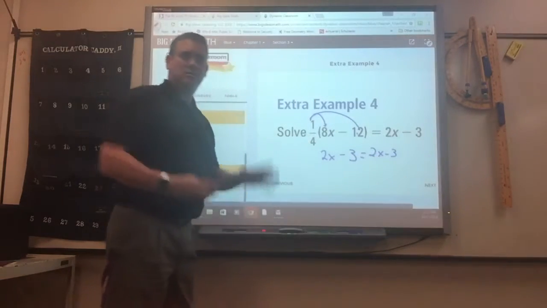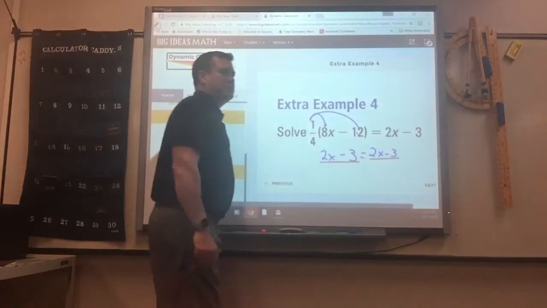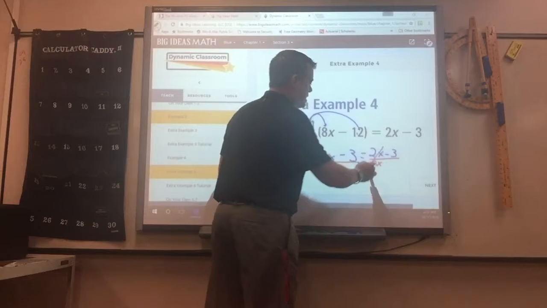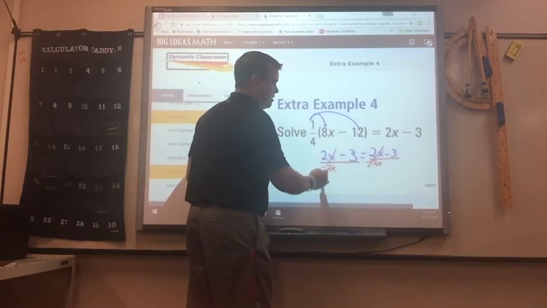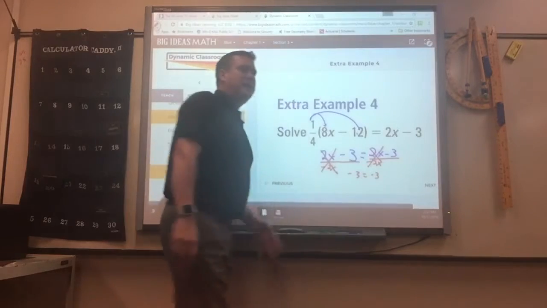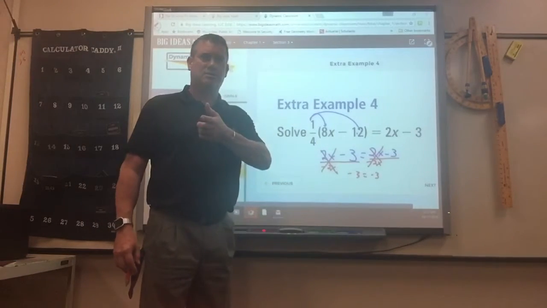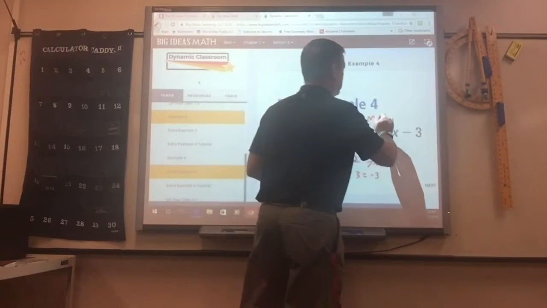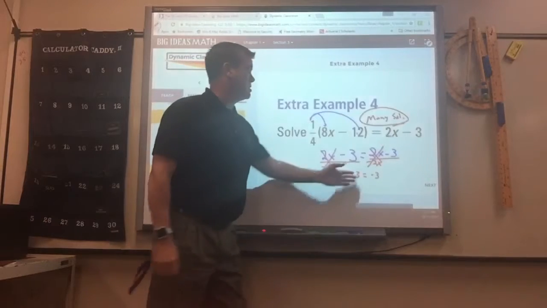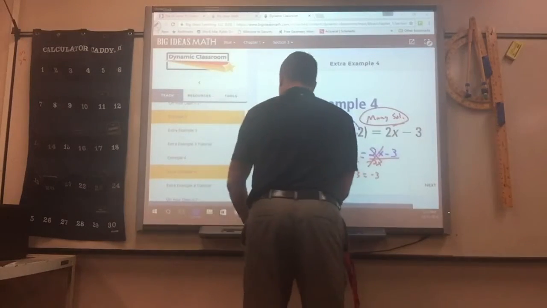If you take a second to look at this, they're the same thing on each side. So if I get rid of this 2x and do the same thing there, they cancel. Negative 3 equals negative 3. So when the x's cancel, if what's left is true, what is the answer? Many solutions. When the x's cancel and what's left is not true, it's no solution.